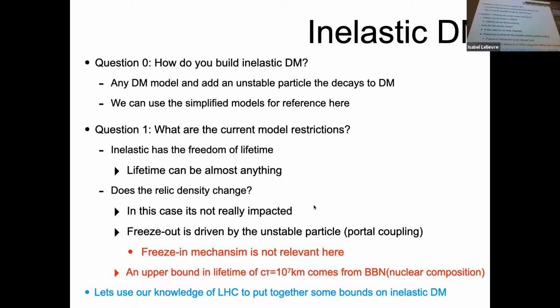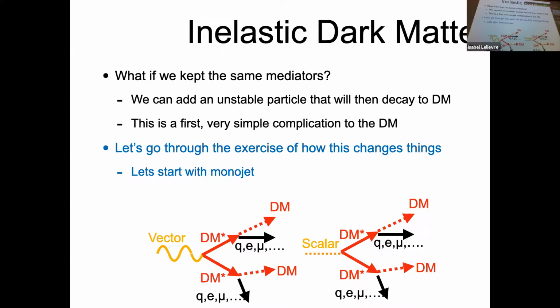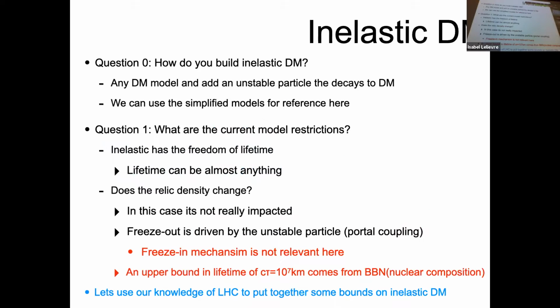And you can ask all the same questions that we asked before, right? How do you build an inelastic dark matter model where you just make the decays unstable? So you can have the mediator decay to, you have the same mediators you want and it decays to something unstable. And what are the current model restrictions?